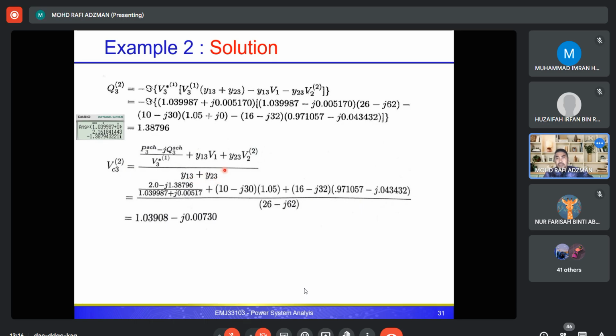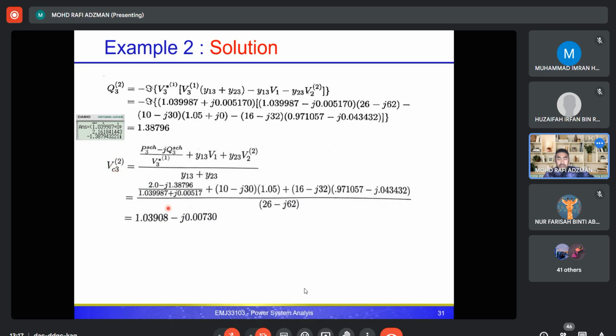Okay, so put all the parameters. So you find that VC32 equal to 1.03908 minus J0.0073. Okay, so done for VC3.